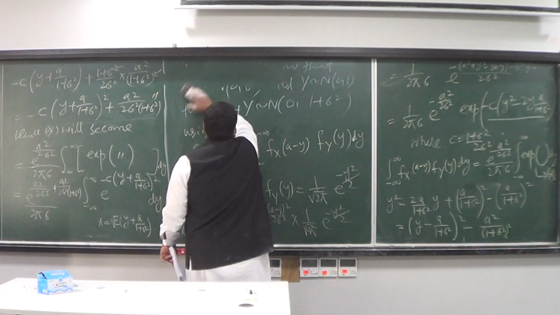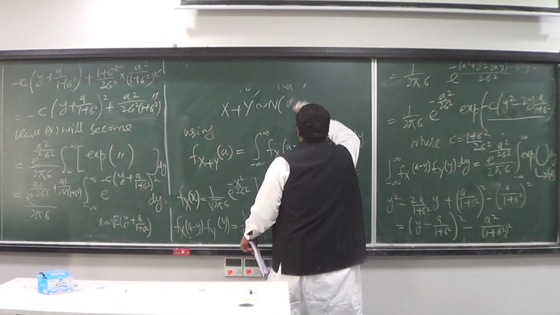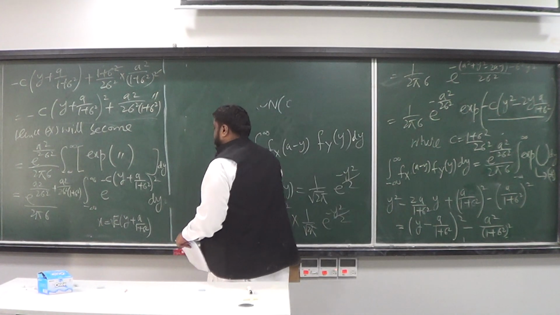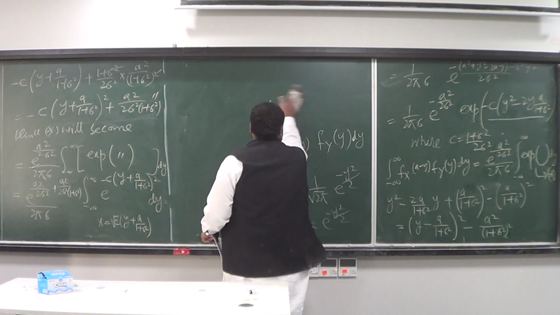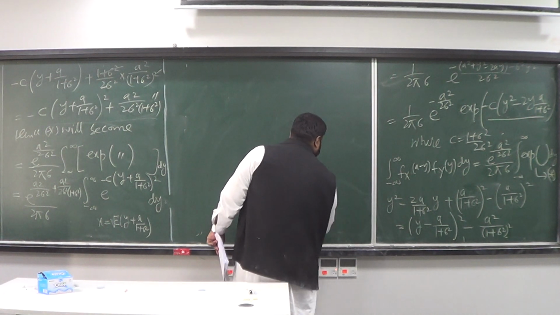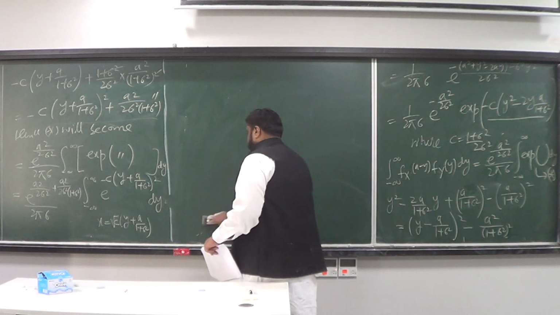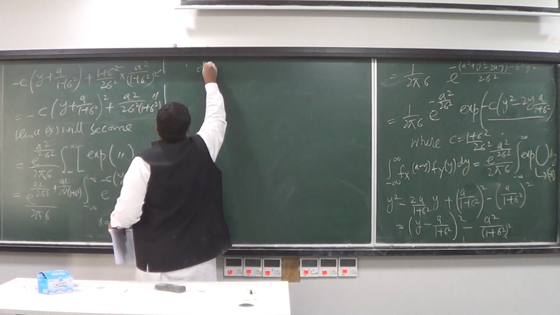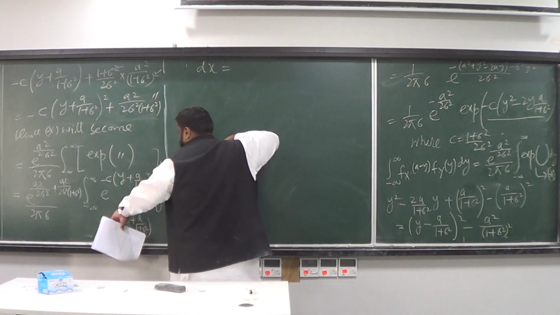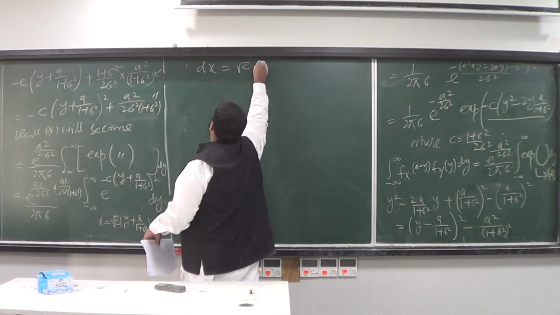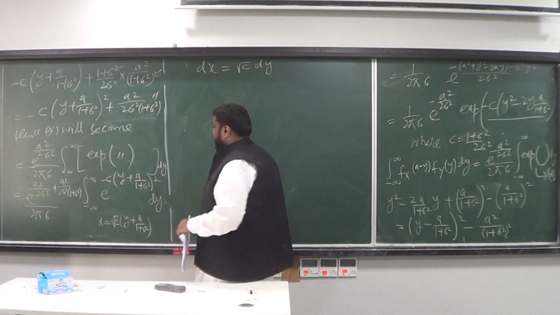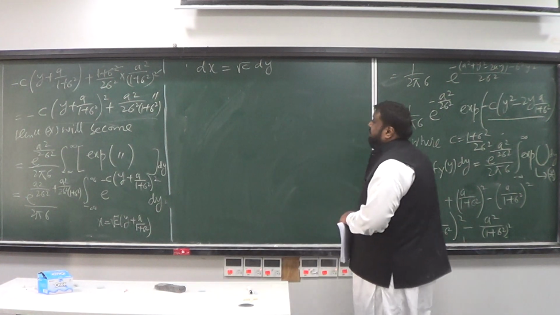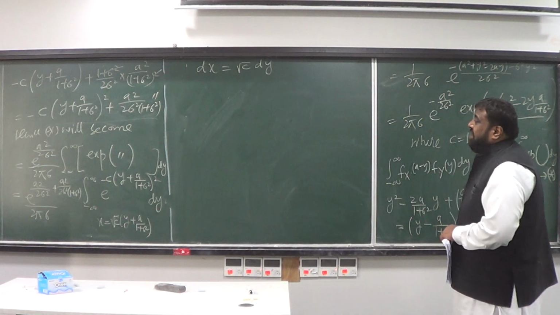So when you make this substitution, what are you going to get? Your dx in terms of dy will become square root of c dy.